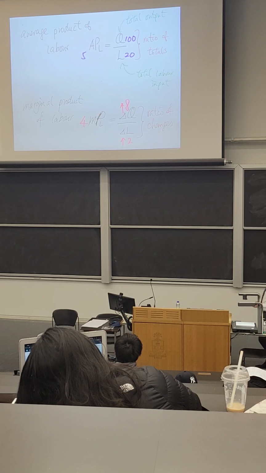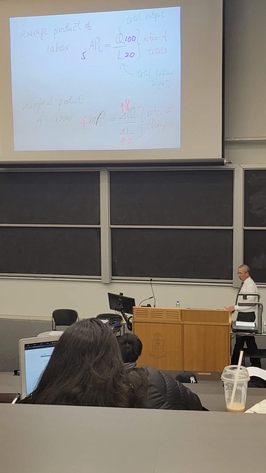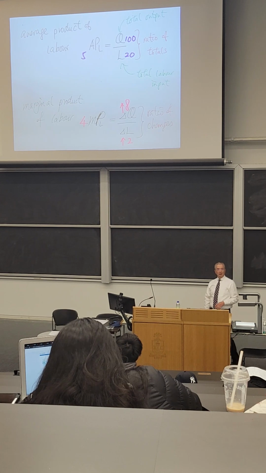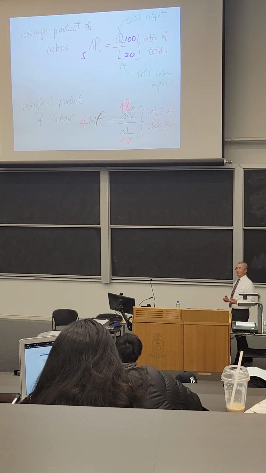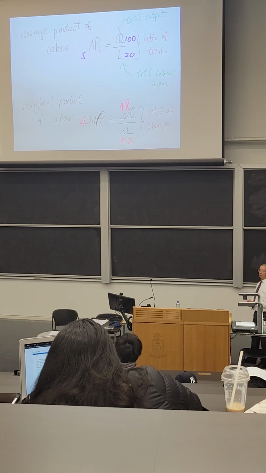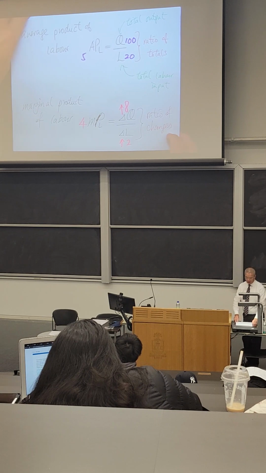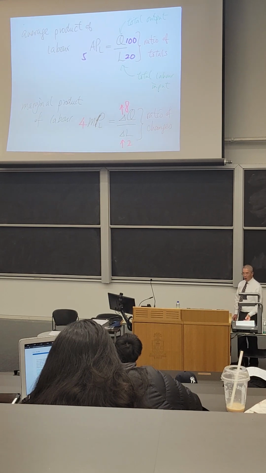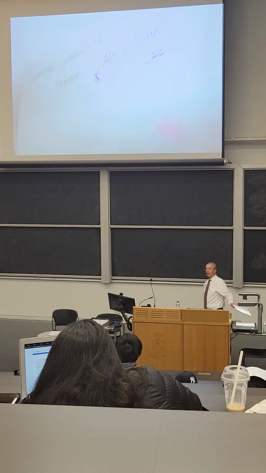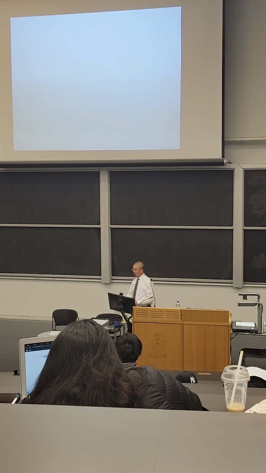So the marginal product of labor is a ratio of changes, telling us at the margin, if you increase 1 unit of labor input, how much output that extra unit of labor input will contribute. So learning about these 2 definitions, now we're going to figure that out using our production function in the short run.